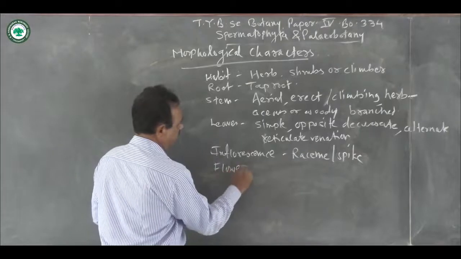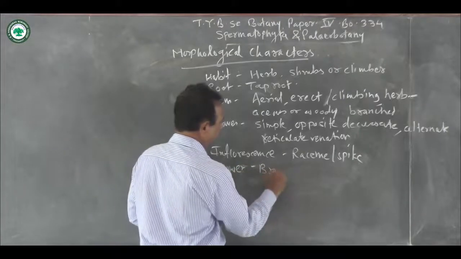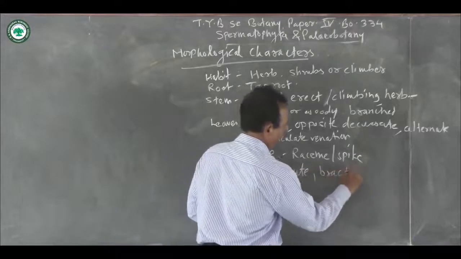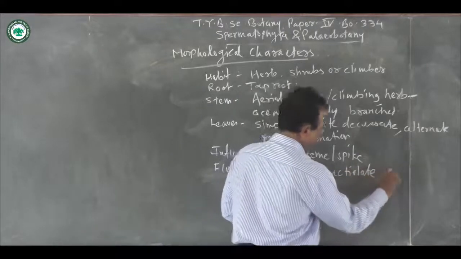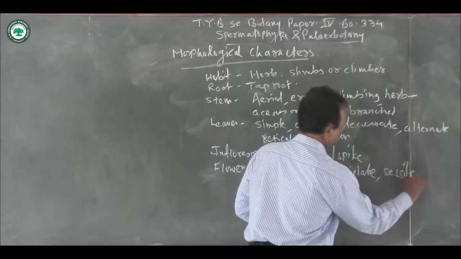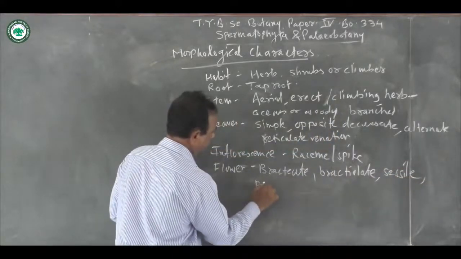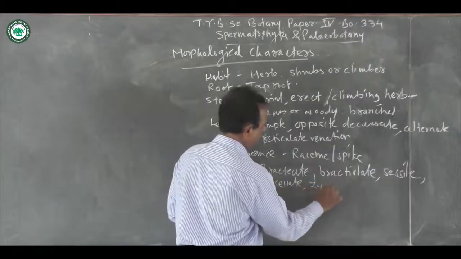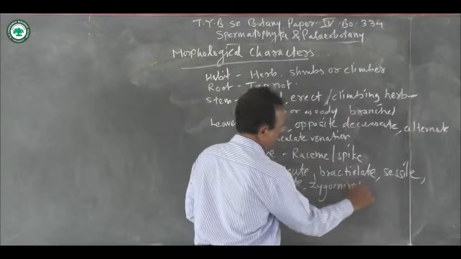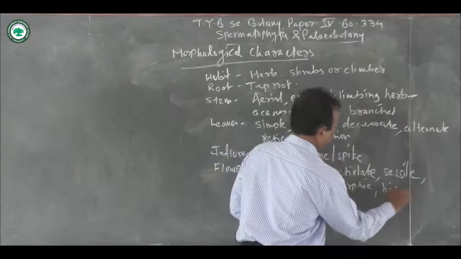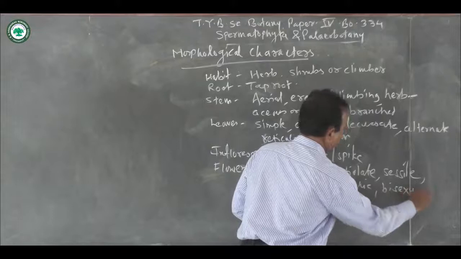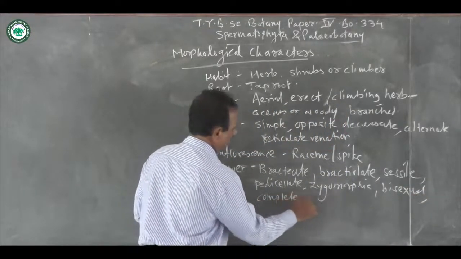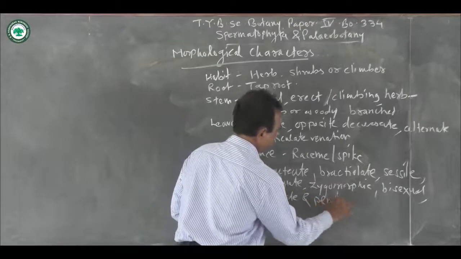If we see the structure of the flowers, flowers are bracteate, they are bracteolate, they may be sessile or pedicellate, zygomorphic, bisexual, complete, and pentamerous.